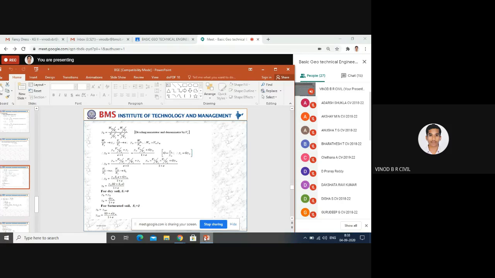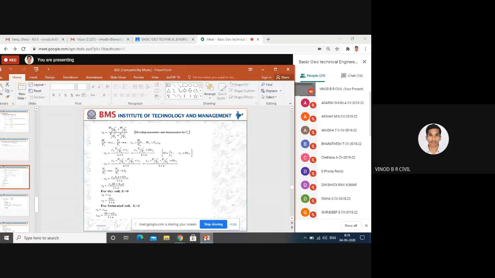Weight of soil divided by volume of soil we call the unit weight of soil. Unit weight of soil is equal to weight of soil divided by volume of soil. Next, unit weight of water equals weight of water divided by volume of water.